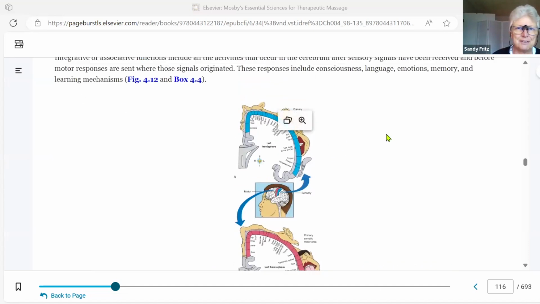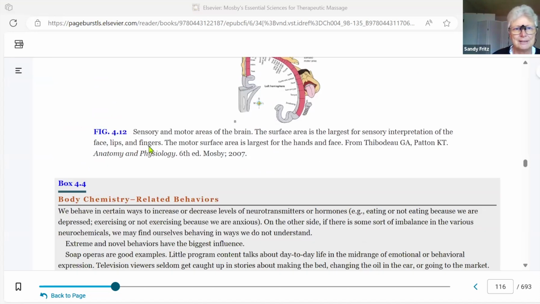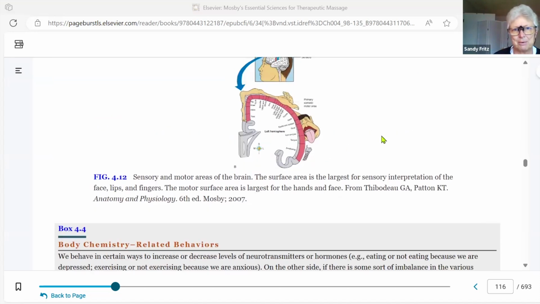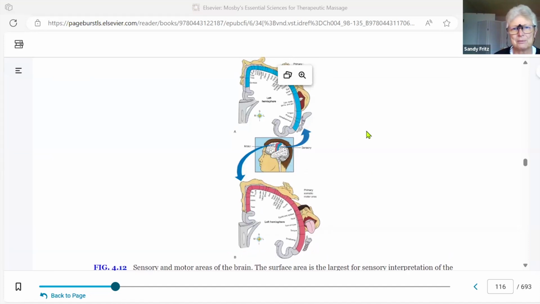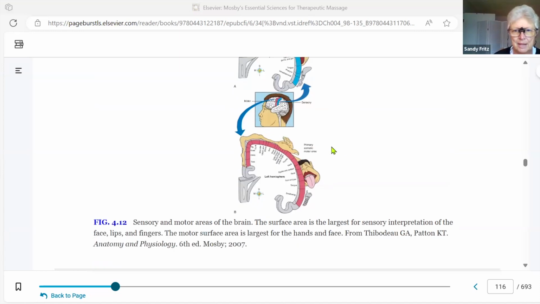This is a fun little picture, sensory motor areas of the brain, and where the nervous system, or especially the brain, the sensory motor area. Remember, with massage, we are influencing the sensory area.